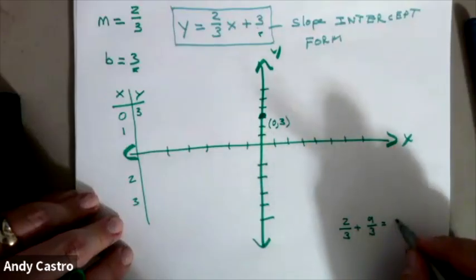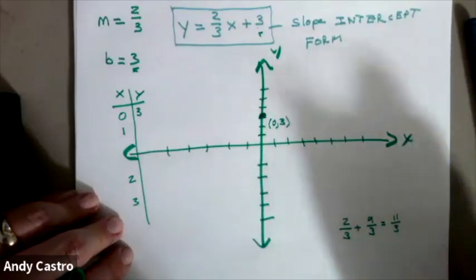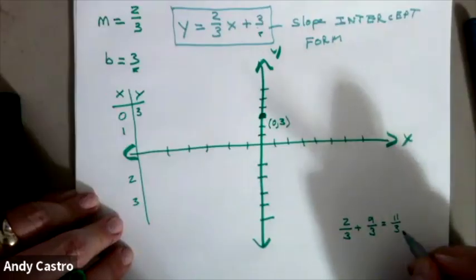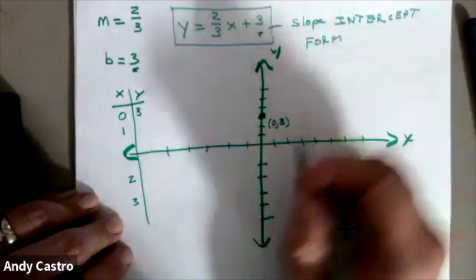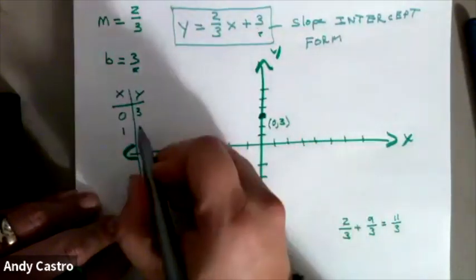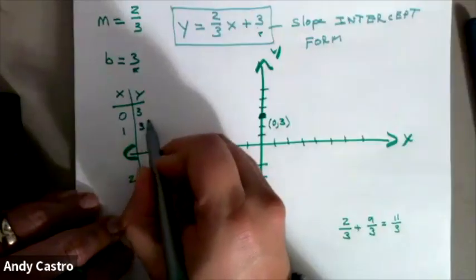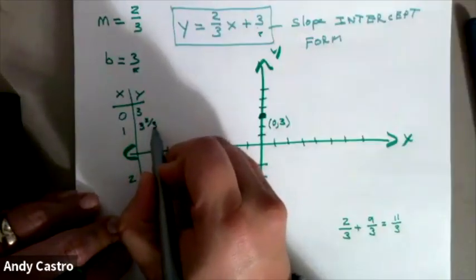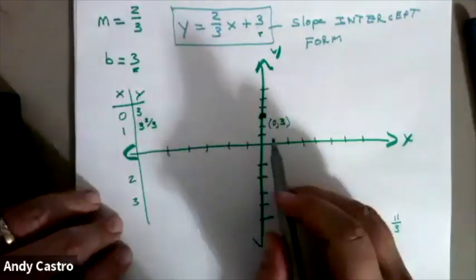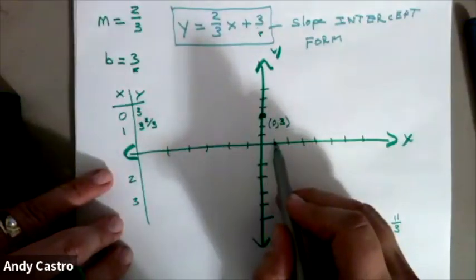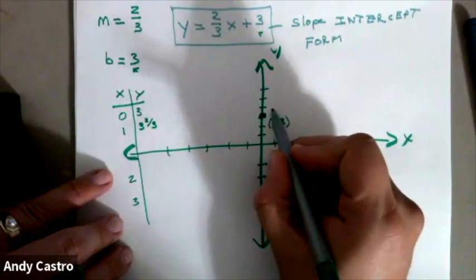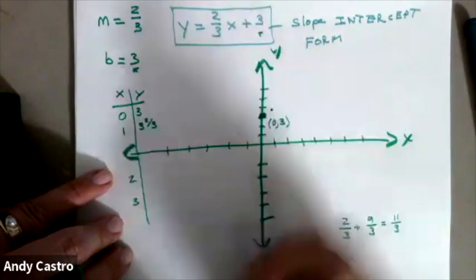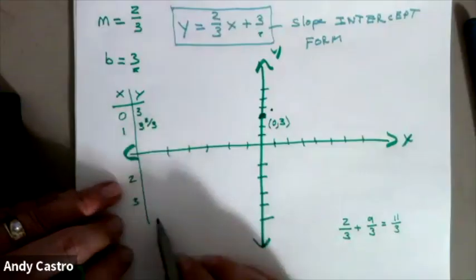So 9 plus 2 is 11. 11/3, which would be 3 2/3, which you already know because 3 plus 2/3 is 3 2/3. So x is 1, y is 3 2/3, so not quite to 4. And then that's how you'd work it.